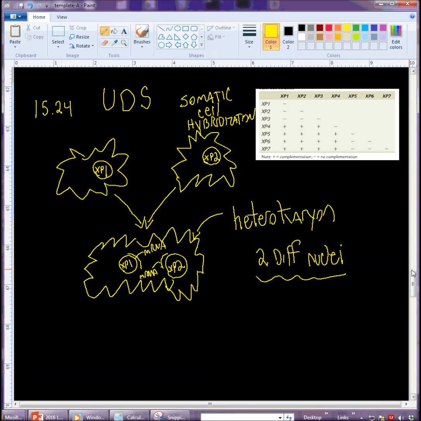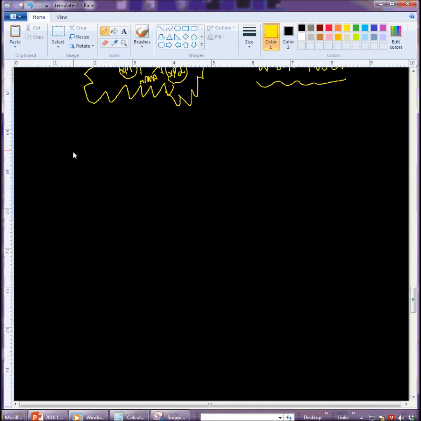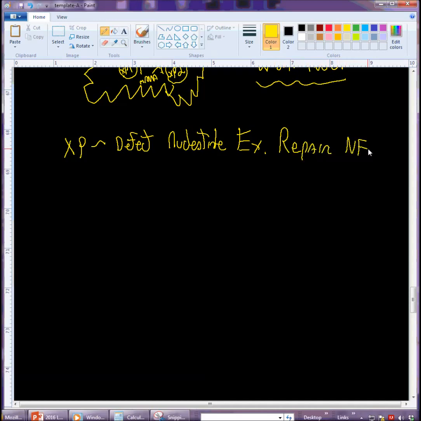It turns out you can learn a lot of things about genes with these heterokaryons. So what have we already learned about xeroderma pigmentosum? We have already learned that this genetic disorder is caused by a defect in nucleotide excision repair, or NER, a DNA repair pathway.